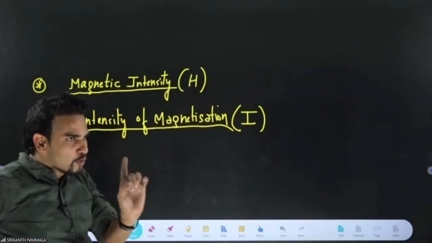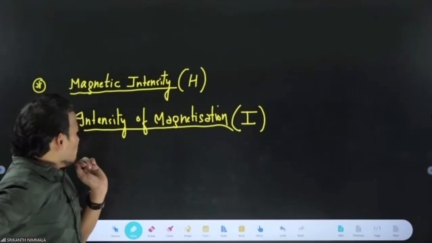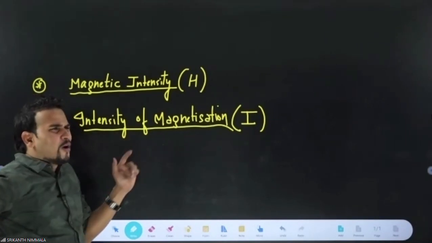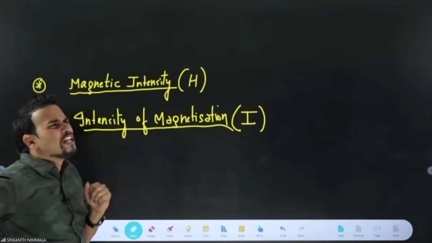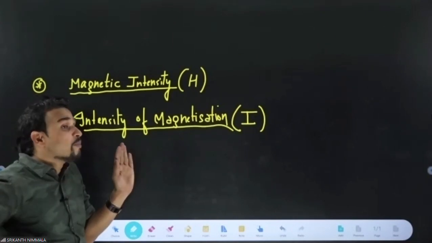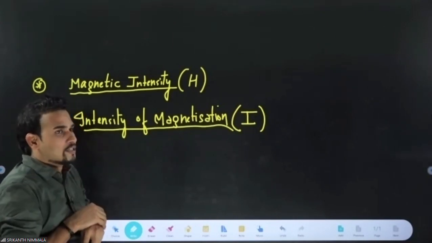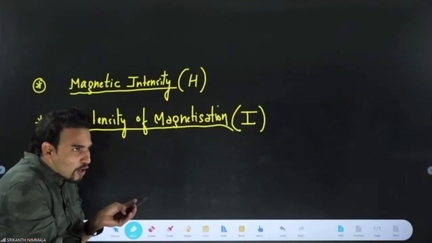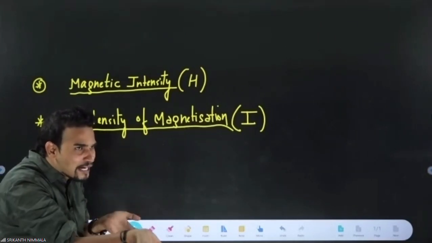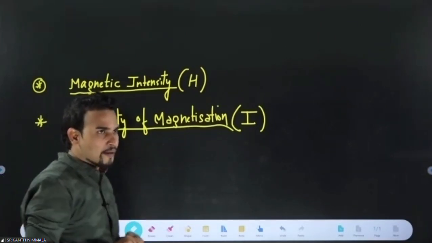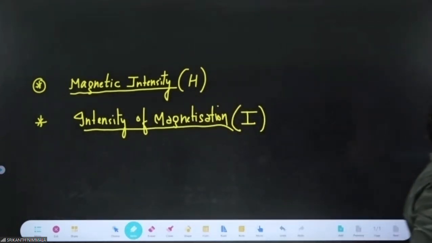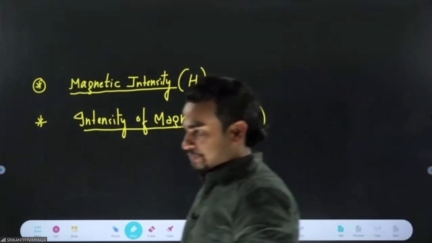Now understand one more thing. What is the meaning of magnetization? Body will develop magnetism. What is the meaning of that? Magnetism means body will develop dipole moment. Magnet means magnetic dipole. You write this point. Body develops magnetic moment.